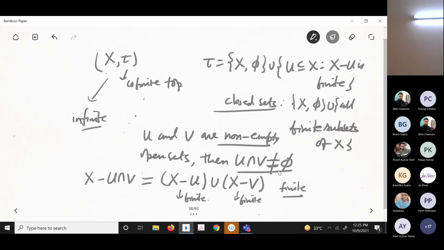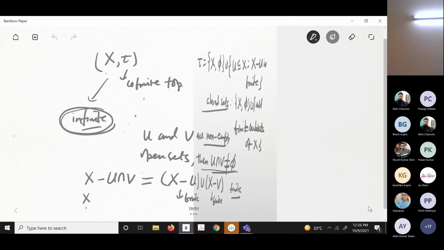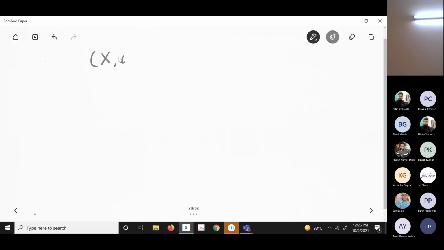Whereas if U intersection V is empty, then the left side will be equal to X, but I have assumed X infinite. So on the left side you get infinite, on the right side you get finite. You are getting a contradiction. So any two non-empty open sets always intersect, and then it cannot be Hausdorff. So what I have got is that (X, tau), where X is infinite and tau is the cofinite topology, is not Hausdorff.